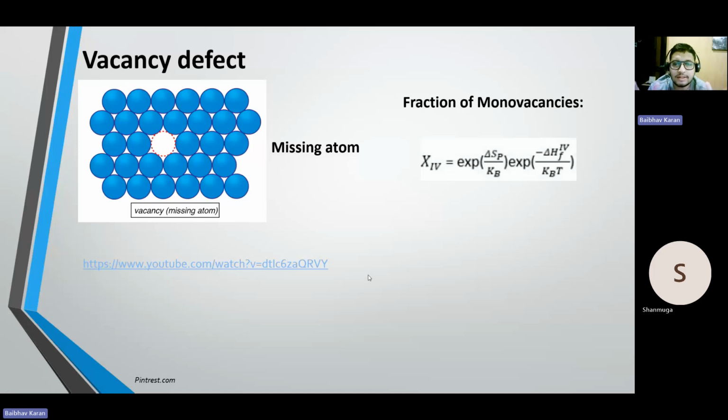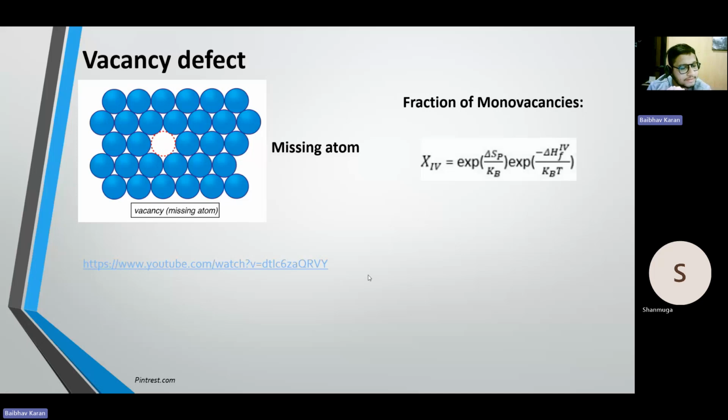As the energy of di and tri vacancies is lower, the formation of mono vacancy is more unfavorable than the di and tri. So the di and tri are more favorable over mono vacancies, and mono vacancies will coalesce with each other to form di and tri vacancies.